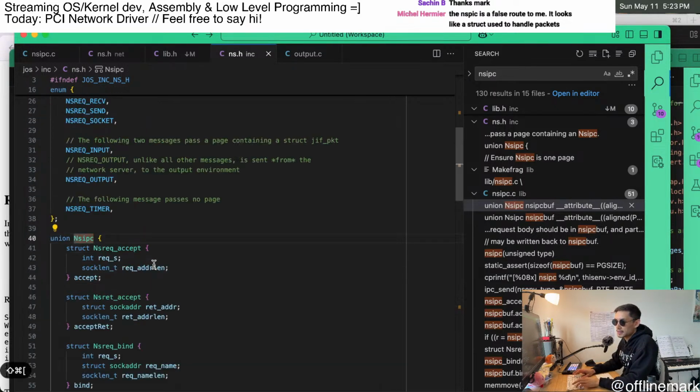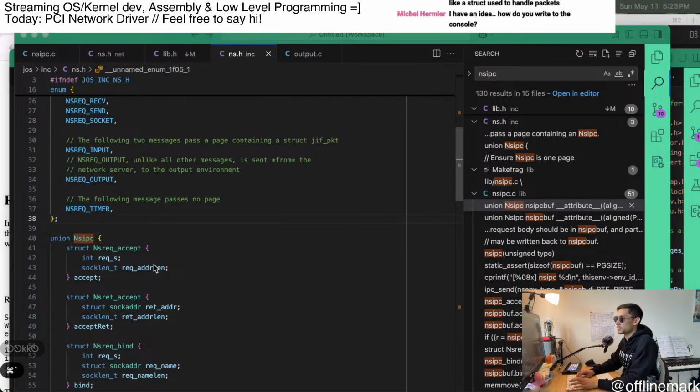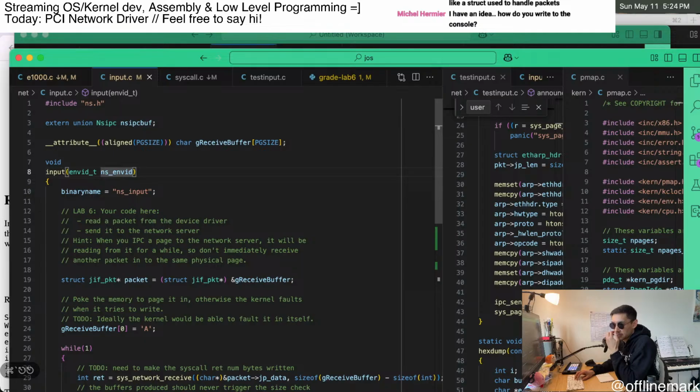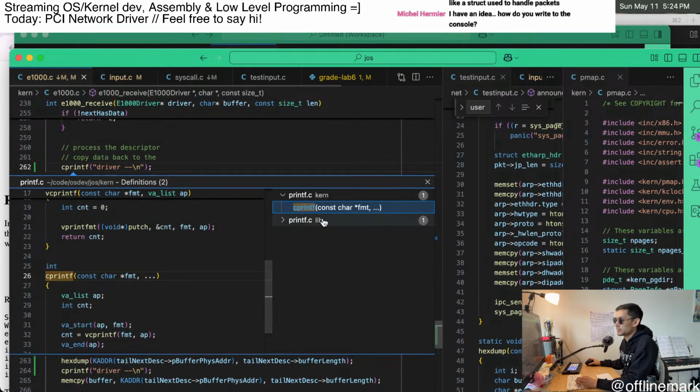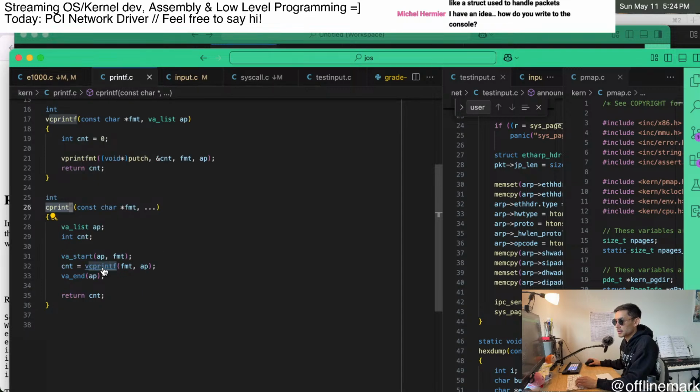Okay, yeah, maybe that is a bit of a false idea. So right into the console, that happens through a console driver. It's pretty simple, I think.